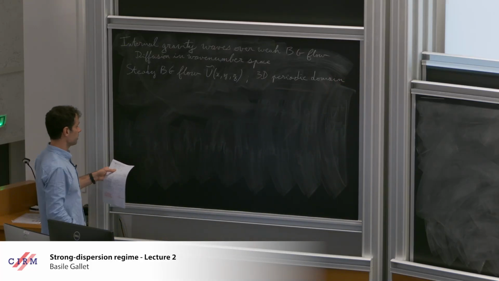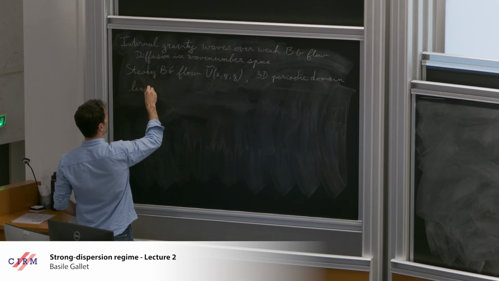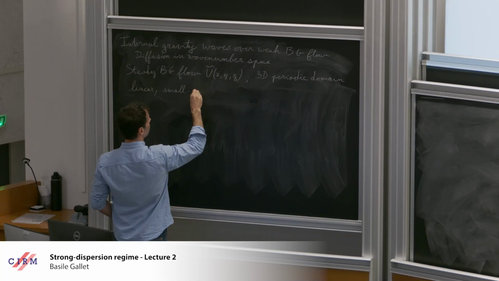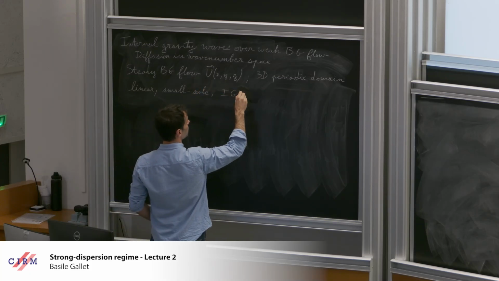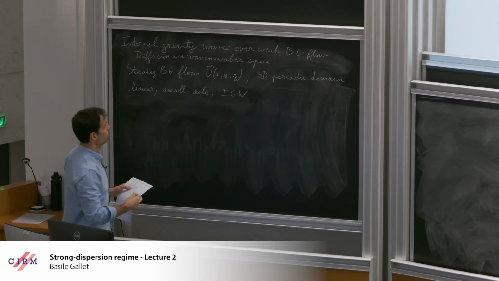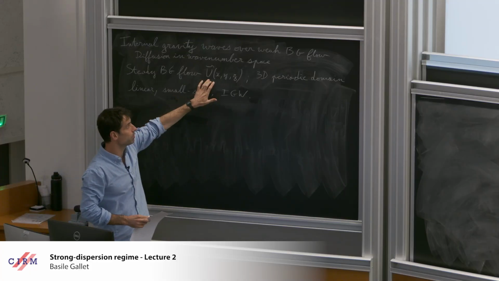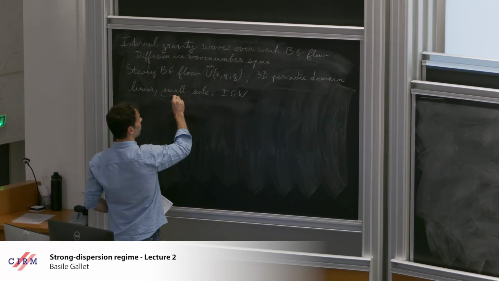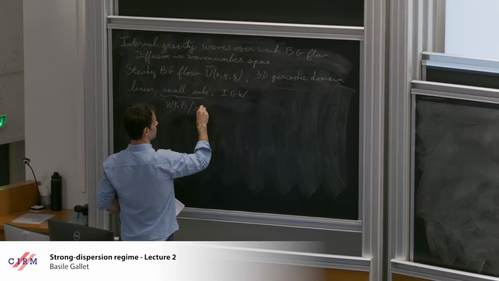And I will now be considering linear, small scale, internal gravity waves. By small scale, I mean a scale much smaller than the typical scale of the background flow, which is the inhomogeneity of the system. And so I will be in the WKB / ray tracing limit.